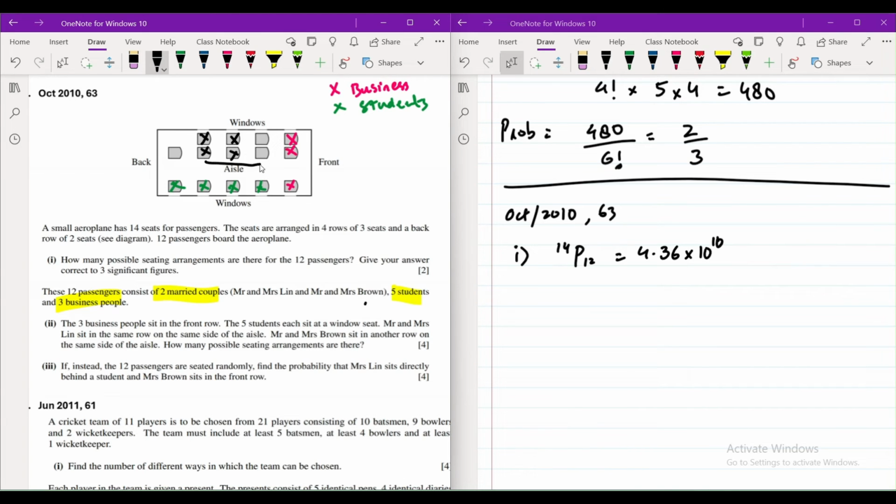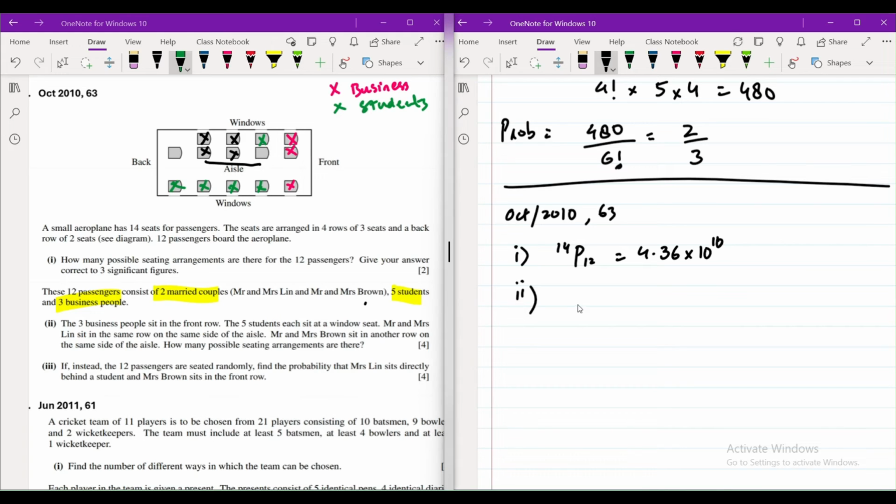Any of these 3 pairs of the window seats can be selected, but the third one, which is not going to be with the married couple, will have one of the students. Okay. So how do we arrange them?